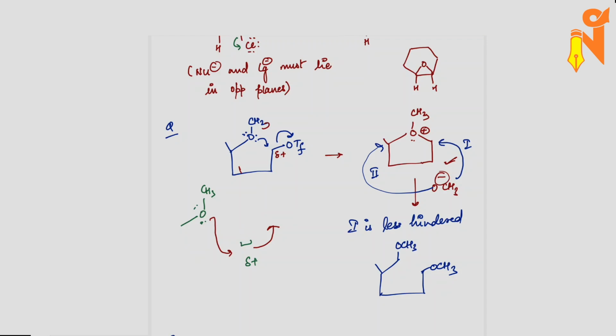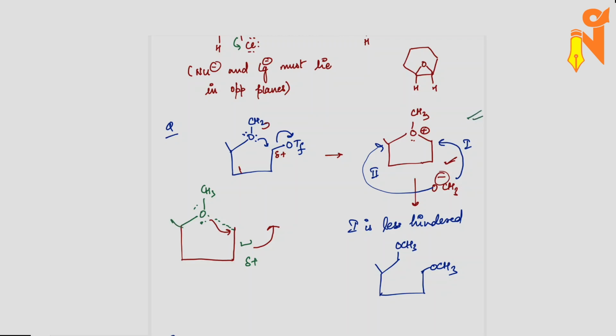I had to write it like this, OTf, and also the arrow of attack is somewhere here. So when this OTf leaves, then the bond formation will happen over here. This is the new bond formed. So this is how exactly your structure looks here.